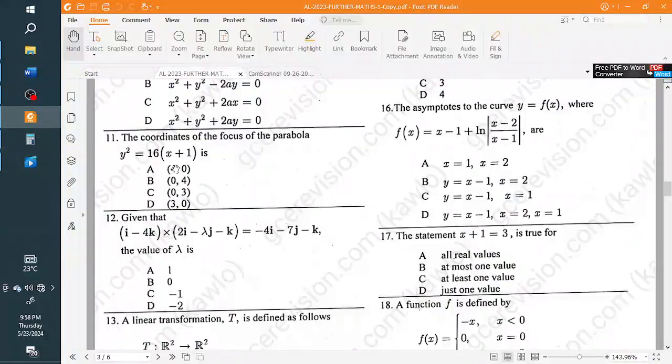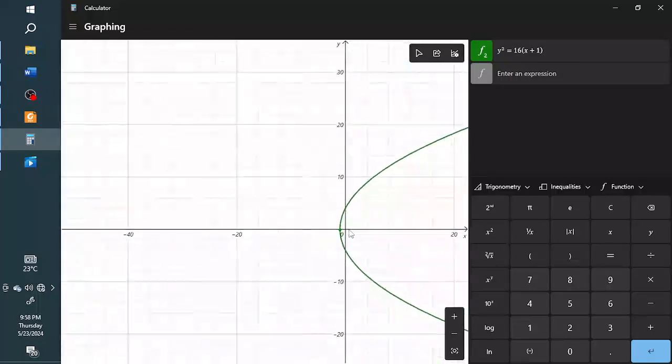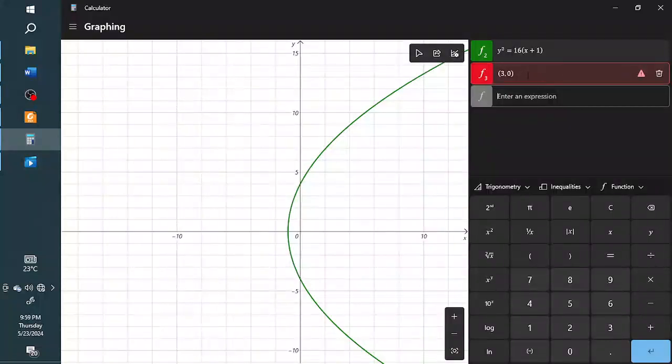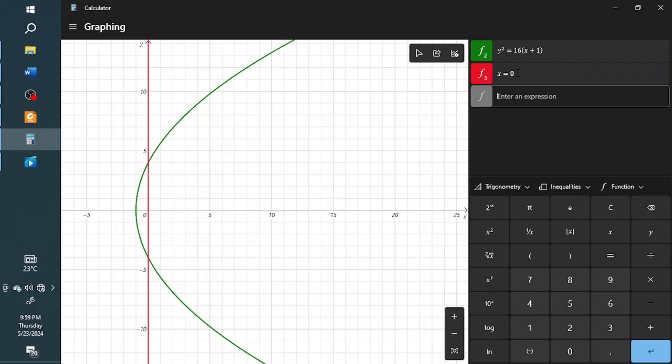Alright, so let's try to plot this parabola and see what we have. Y squared equal to 16 into x plus 1. Here it is. Now let us locate the point 3, 0. Pardon, x is 3.